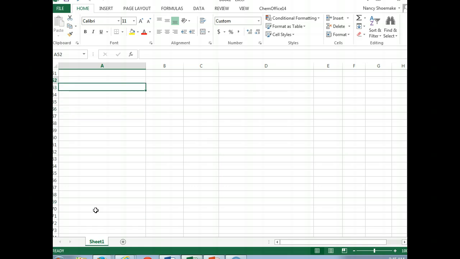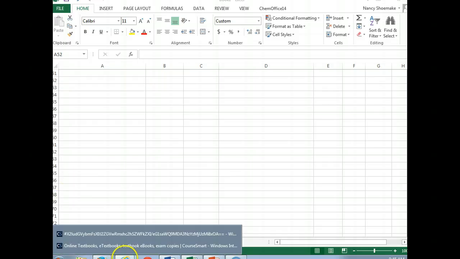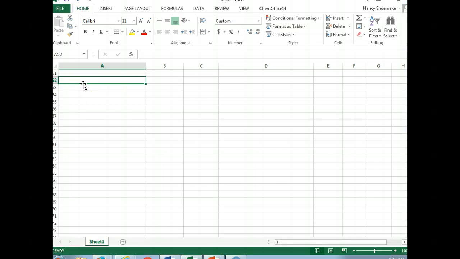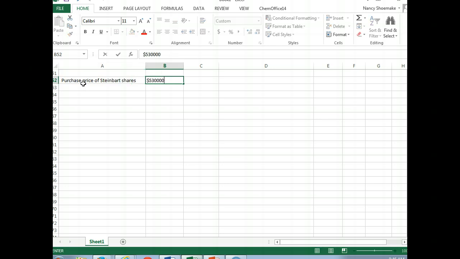So the first thing we're going to do is look at what they purchased 40% of Steinbart for. Alex purchased it for $530,000. So we're going to say the purchase price of Steinbart shares is $530,000.